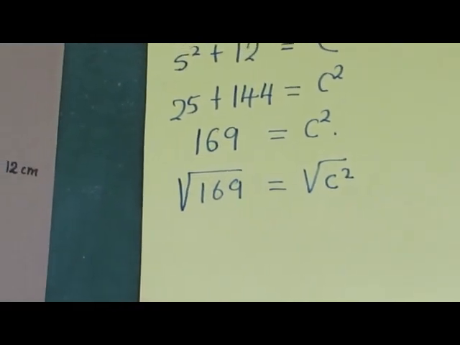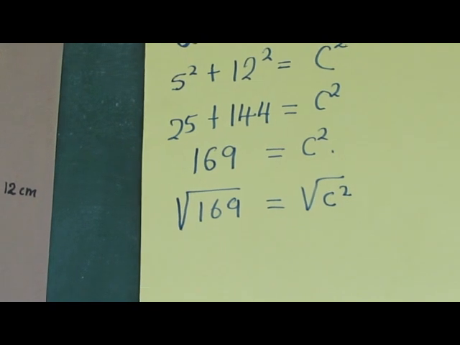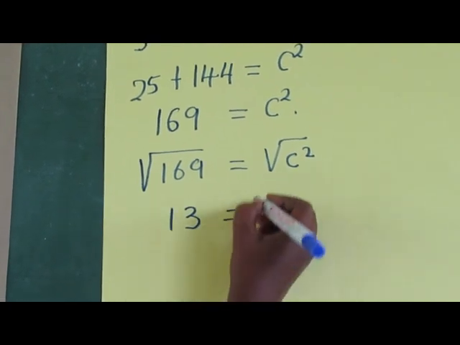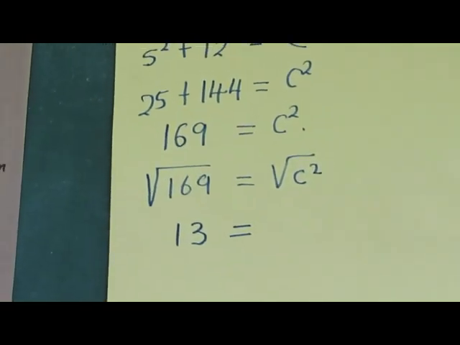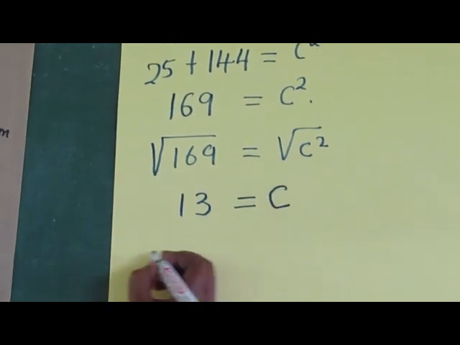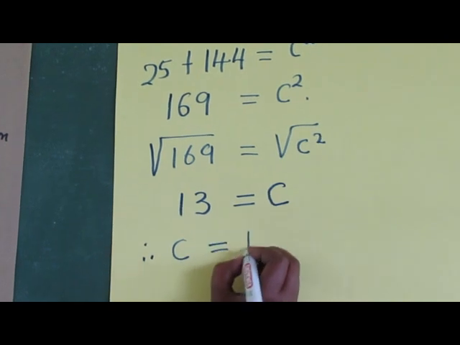What is the square root of 169, students? Yes, good. It is 13. What is the square root of c squared? Can you try? Yes. What is it? It is c. Therefore, our c is equal to 13.